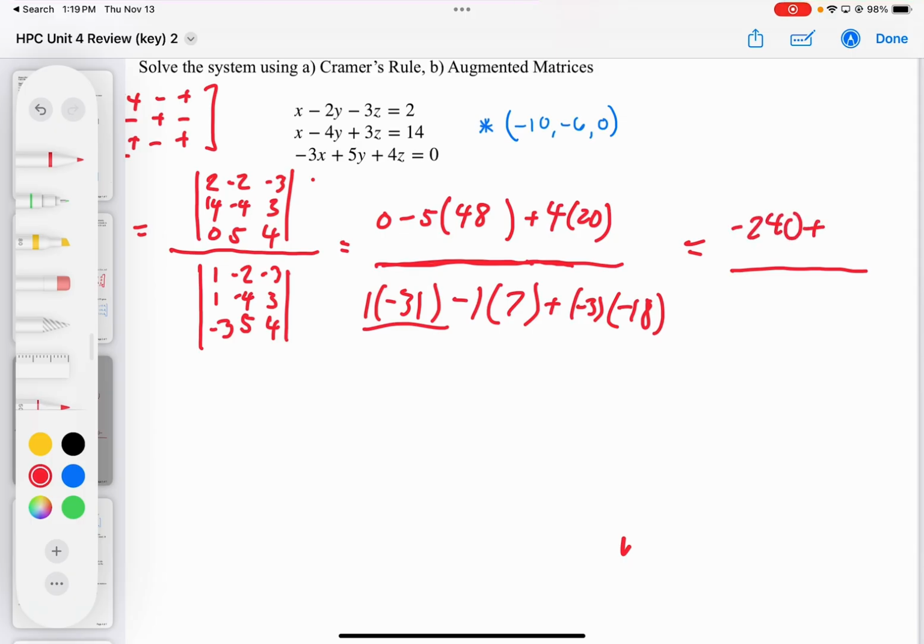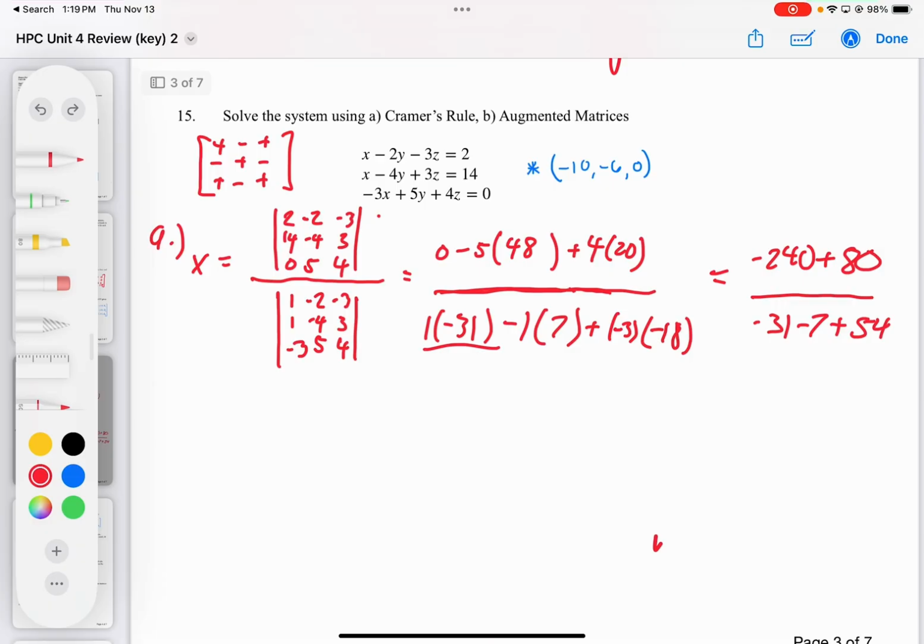Okay, and then plus 80 divided by... Negative 31 minus 7 plus... 54. There it is. Sorry, you said that, Andy. I ran out of room. All right, super.